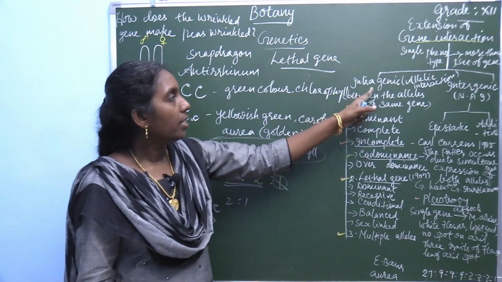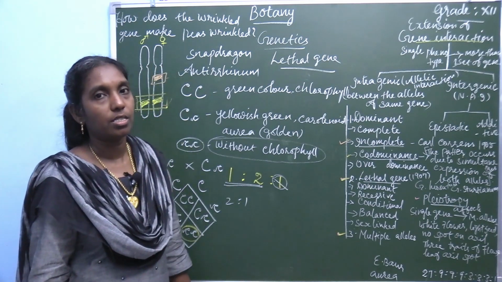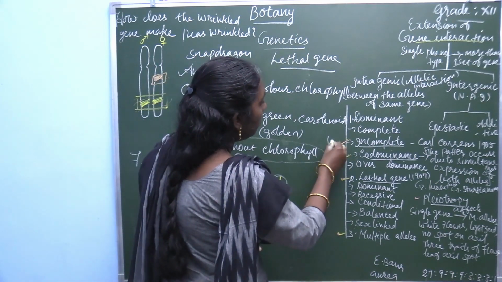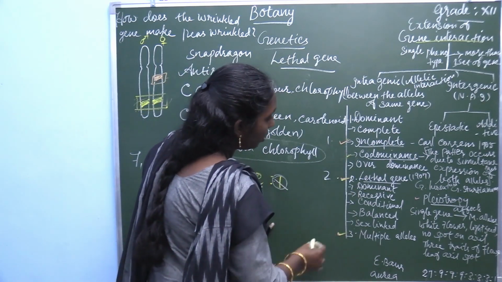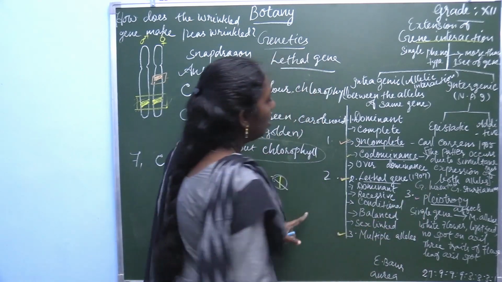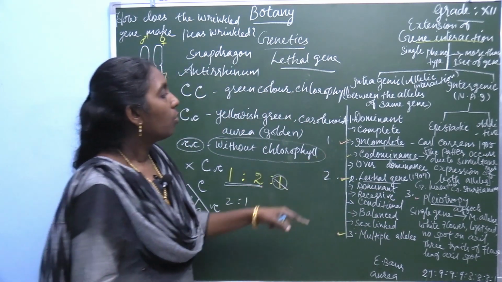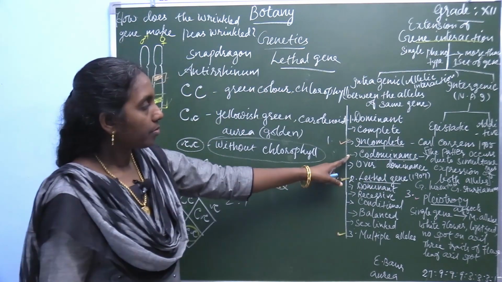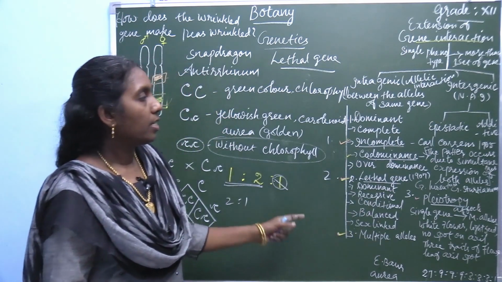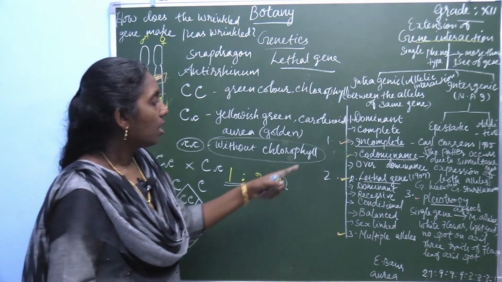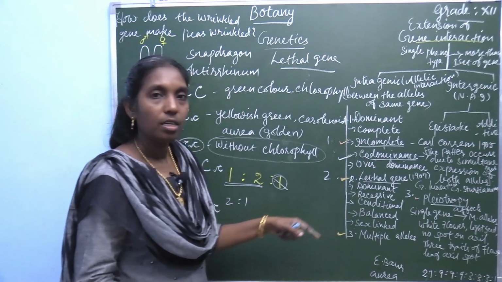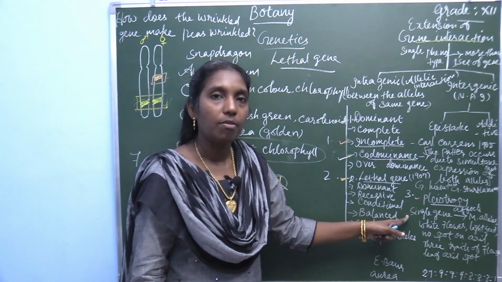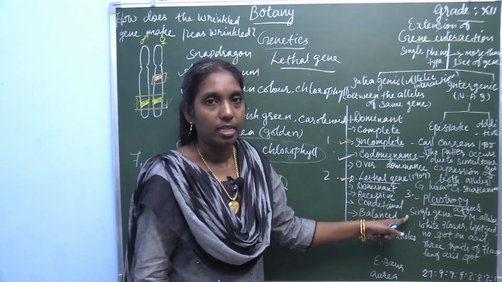Mainly concentrate on these intragenic interactions or allelic interactions. Under these, incomplete dominance, codominance, which expresses together, simultaneous expression, then lethal gene, which causes death of the organism, and pleiotropy, a single gene affected by multiple alleles.